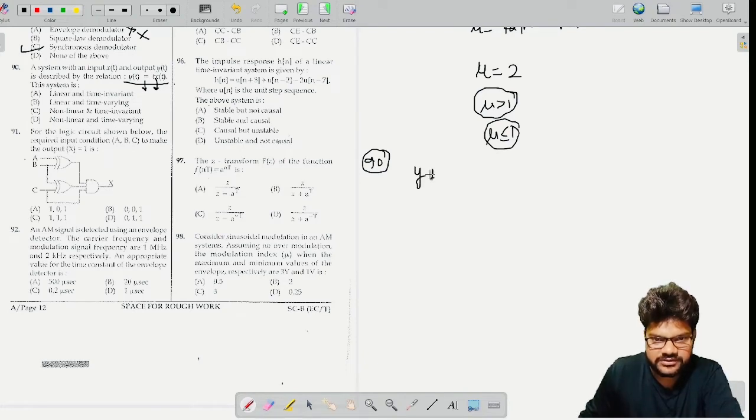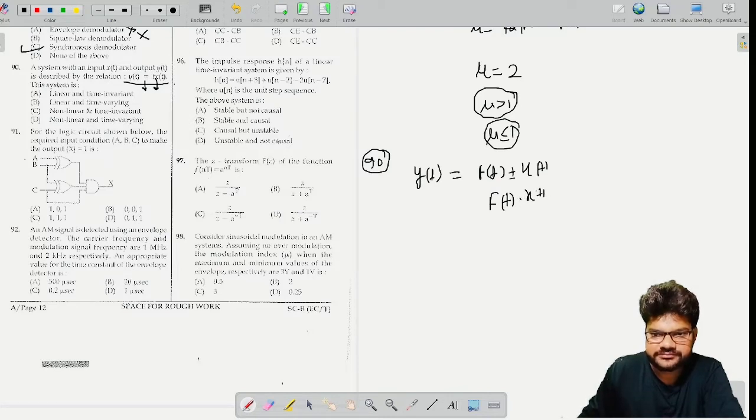The shortcut is, if the output equals some function of time plus or minus the input xt, or if the output equals some function of time into xt, or if there is a basic function inside x, like time reversal or time scaling, then if any of these conditions are there, we can directly conclude that the system is time variant, right?